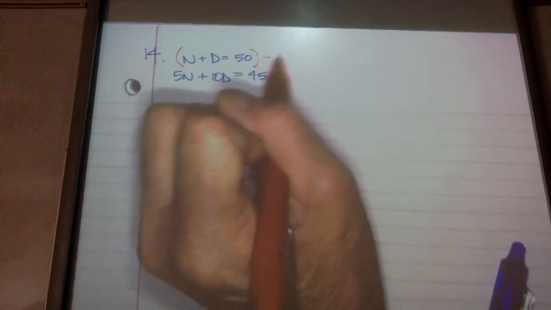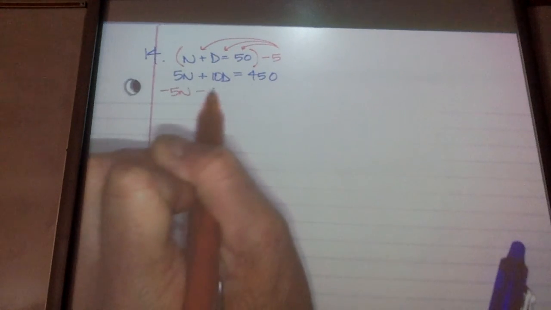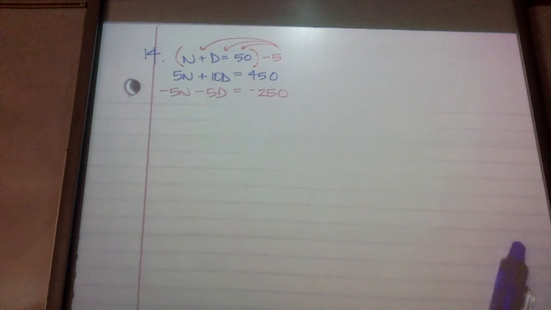So, some review. If you don't remember how to solve a system using elimination, I'm going to make these equations opposite. I got to make opposite coefficients. So, I'm going to multiply this top equation by negative 5. And that gives me negative 5n minus 5d equals negative 250.